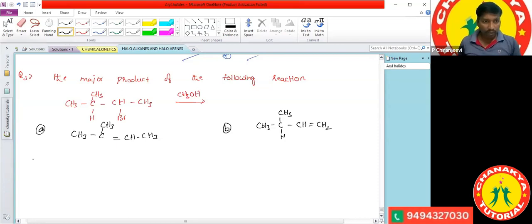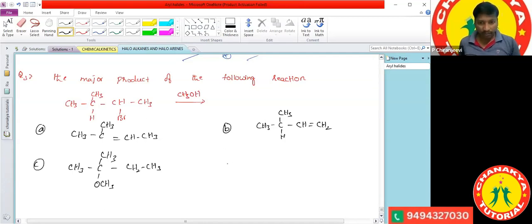Now option C: CH3 bond CH3 bond OCH3 bond CH2 bond CH3 is the one option.